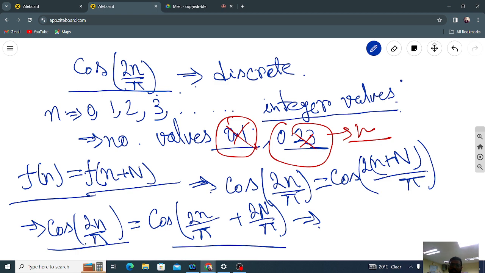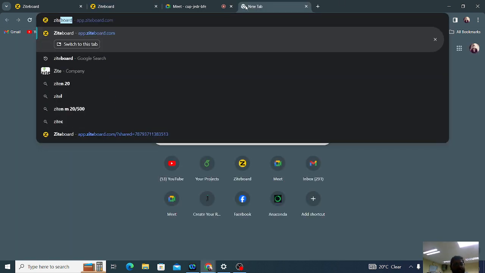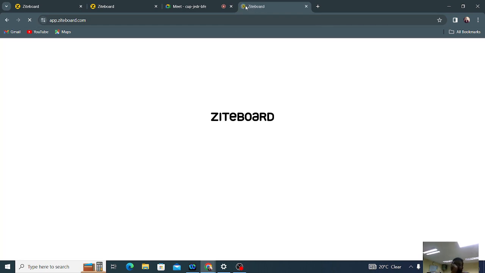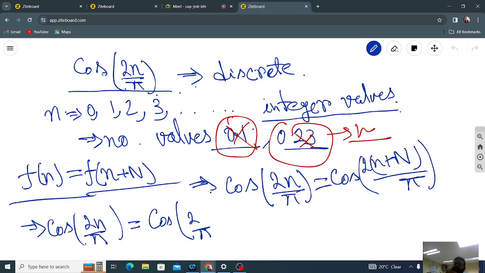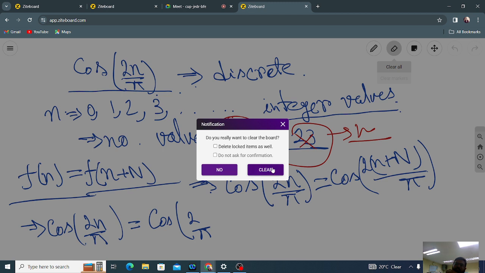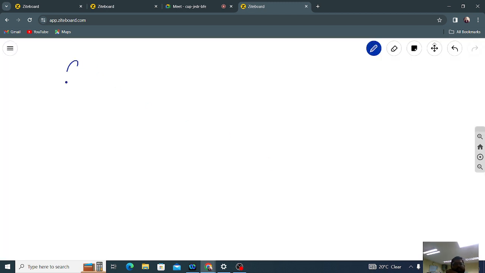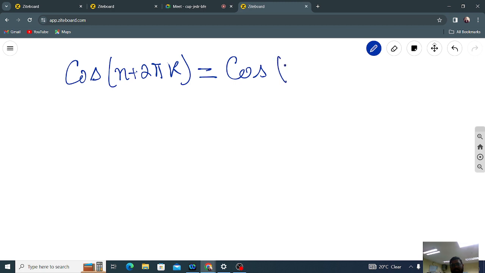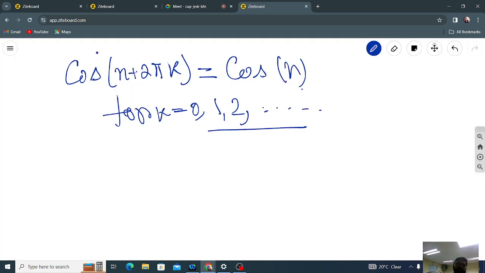Again, cos is a periodic signal, so cos(x plus 2 pi k) is equal to cos(x) for k equal to 0, 1, 2, and so on, all the values.